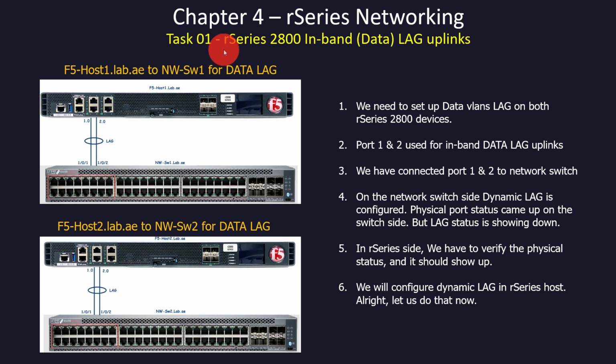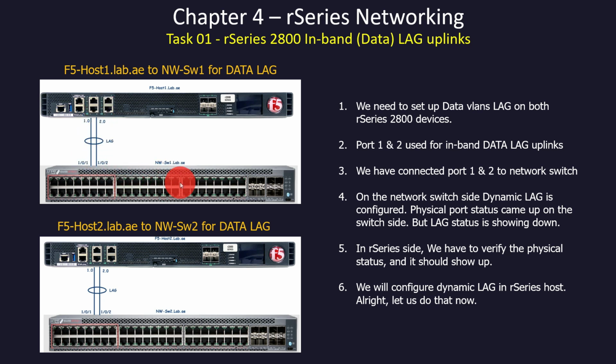Task 1. We need to set up the data VLAN LAG on both the rSeries 2800 devices. Ports 1 and 2 are used for in-band data LAG uplinks. We have connected ports 1 and 2 to the network switch.